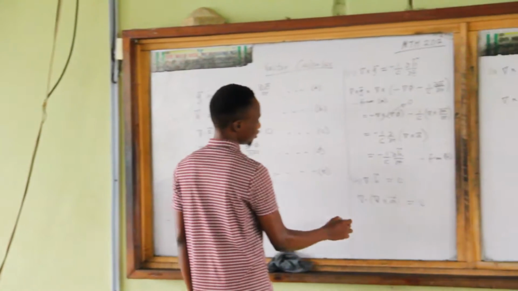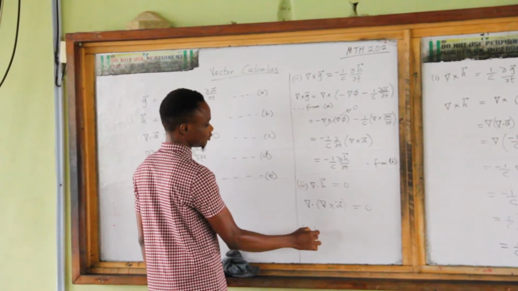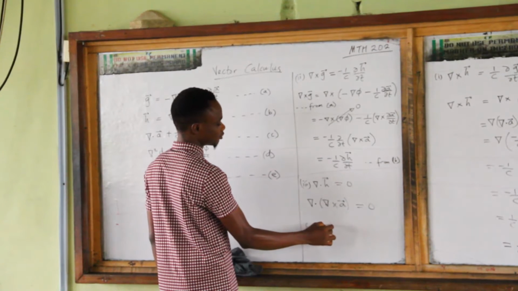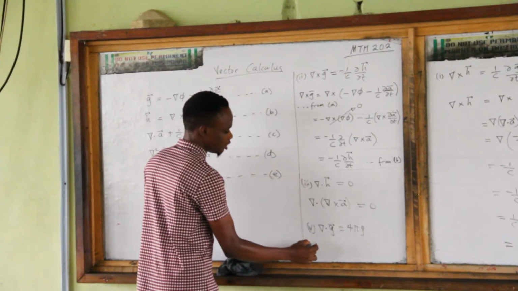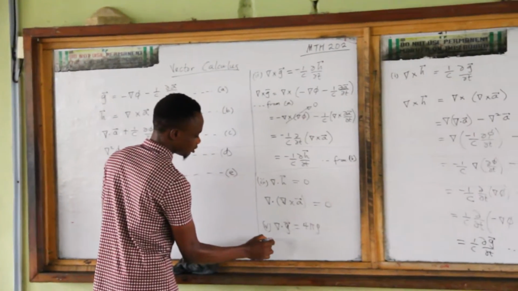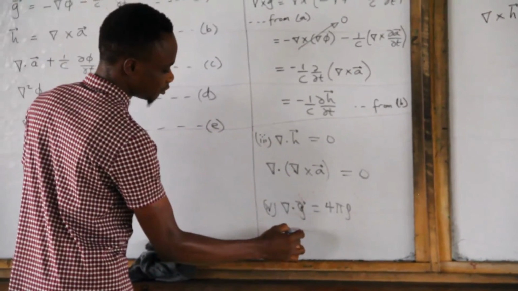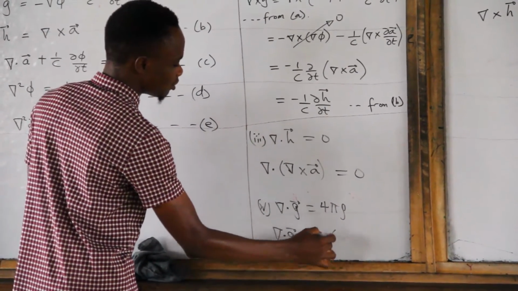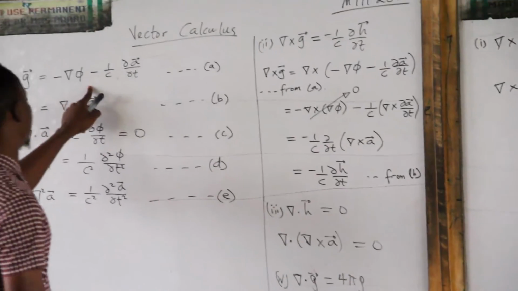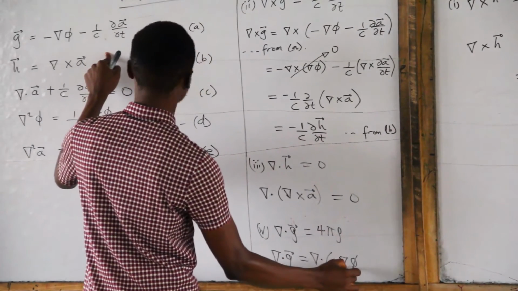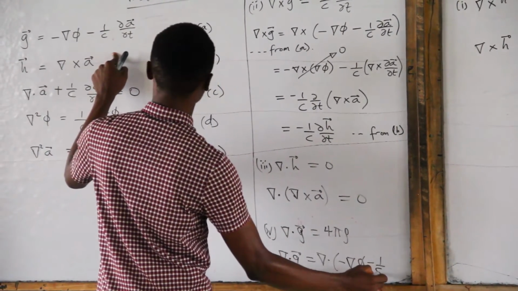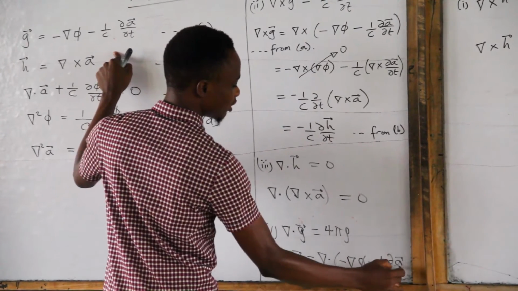What's the last one? Nabla dot G. What's Nabla dot G? This is Nabla dot G equal to Nabla dot, what is G? This: minus Nabla phi minus 1 over c then A del t.